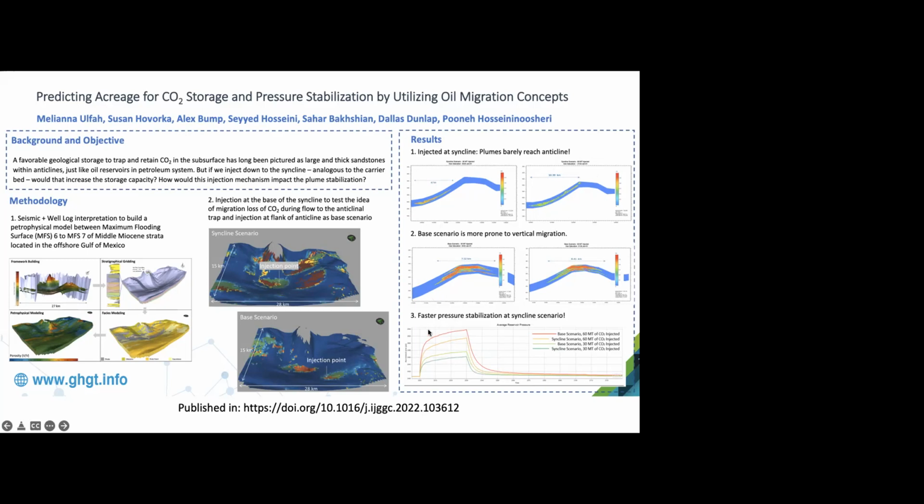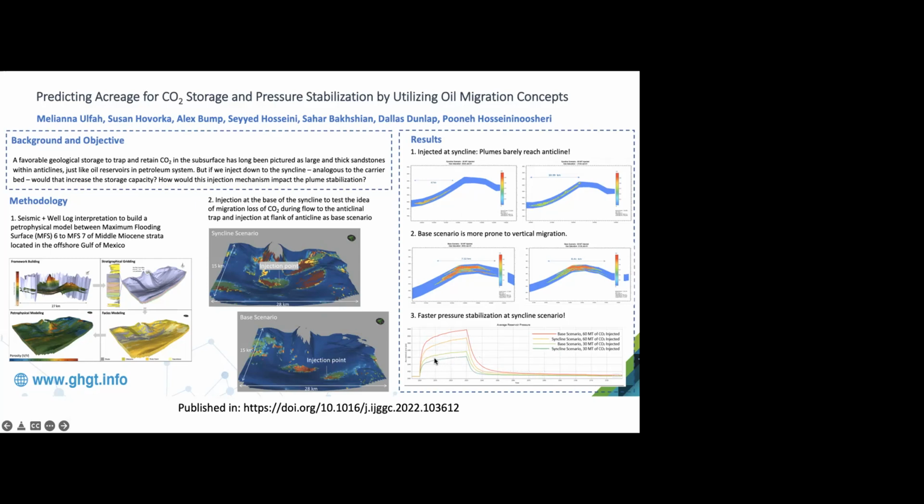Aside from that, we also measure the average reservoir pressure from before the injection, throughout the injection, and after the injection. Just because this is a really small image, I want to point out the red one is for the base scenario. It has the highest pressure increase, and it takes longer to reach pressure stabilization.